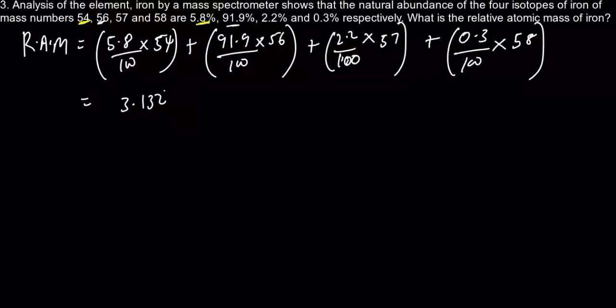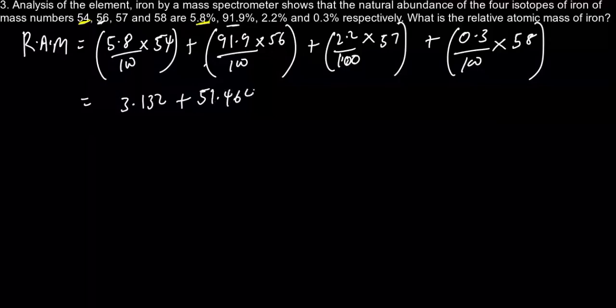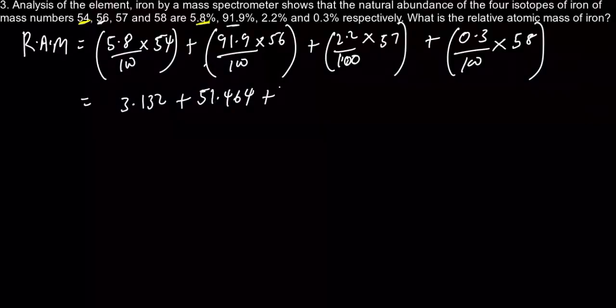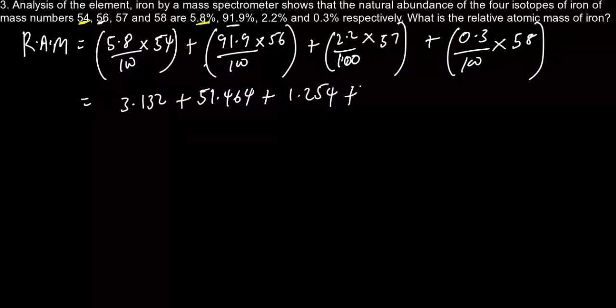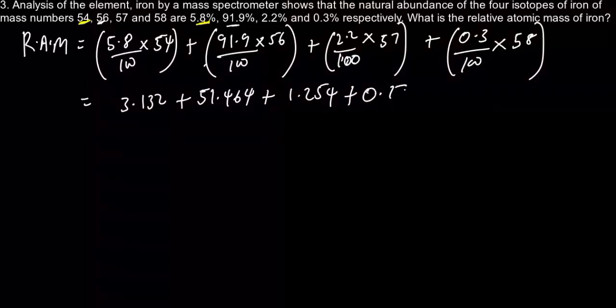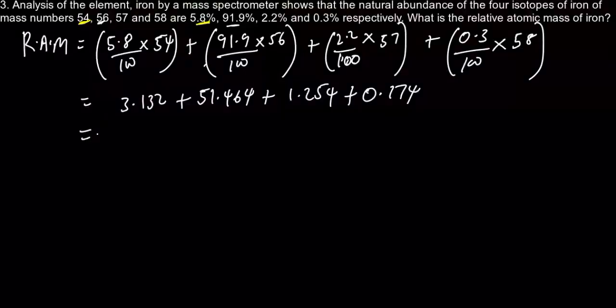The second one, 91.9 times 56 divided by 100, is 51.464, plus 2.2 times 57 divided by 100, 1.254, plus 0.3 times 58 divided by 100, 0.174. All right, so let me sum up all this.